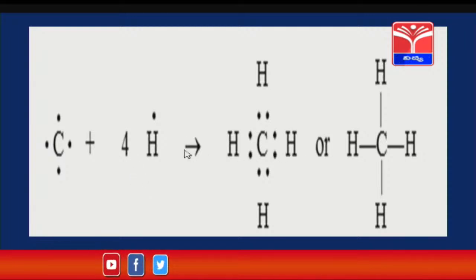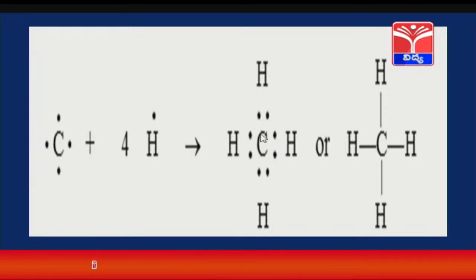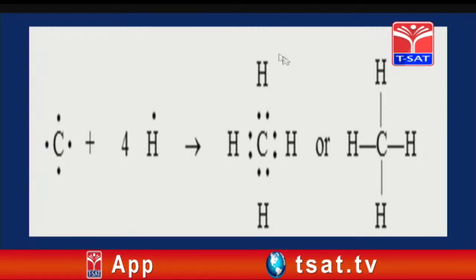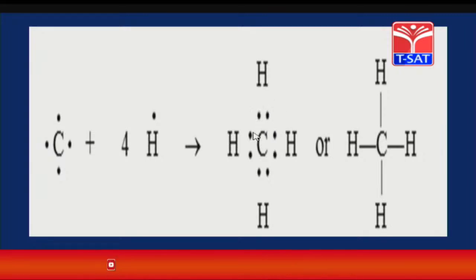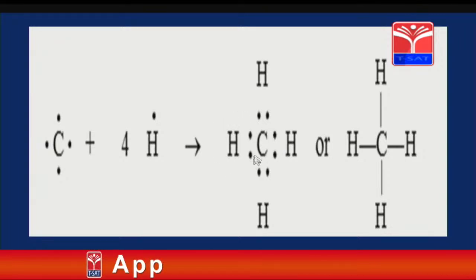When the hydrogen atoms and carbon atom approach each other, carbon contributes 1 electron to each hydrogen atom. Thus, between carbon and hydrogen, a single pair of electrons is shared. Carbon is contributing 1 electron, hydrogen is contributing another electron, thus a pair of electrons is shared between carbon and hydrogen, forming a single covalent bond.